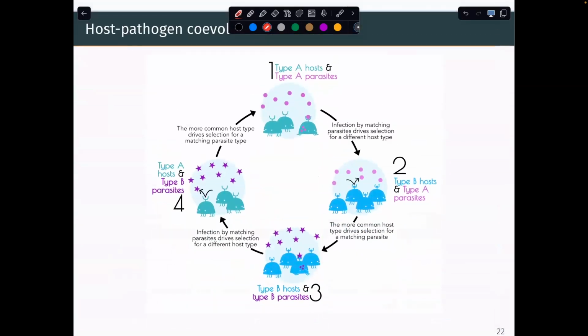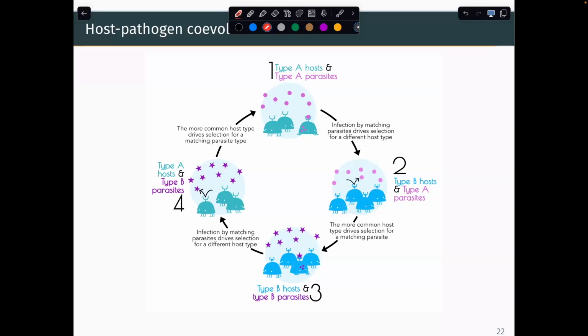This is an illustration of what's going on here. I call them type A and type B. These are your allele A and allele B. Infection by matching parasites drives selection for a different host type. That's what we're seeing above. These green creatures you can think of as being the ones with allele A, and these pink dots as being parasites or pathogens with allele A. So now these hosts, say, have allele B. The pathogen is still allele A. The more common host type drives selection for a matching parasite or pathogen.